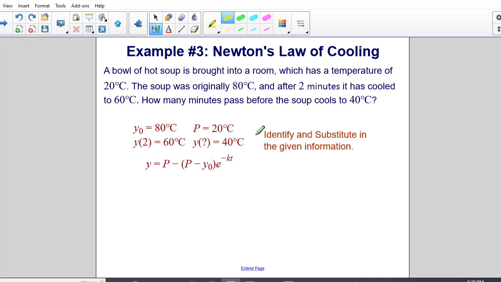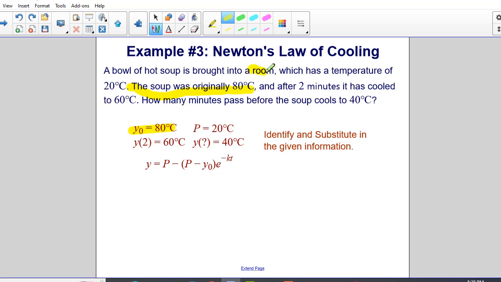So our first step is to identify and substitute in the given information, and we are substituting into our general equation for simple inhibited growth. Y is equal to capital P minus the quantity P minus Y sub 0, times e to the negative kt power. And it tells us right in this sentence that the soup was originally 80 degrees Celsius, so my Y sub 0 is equal to 80 degrees Celsius.